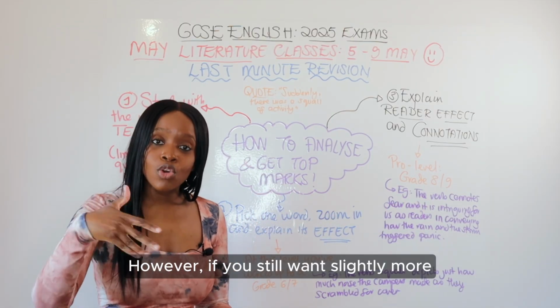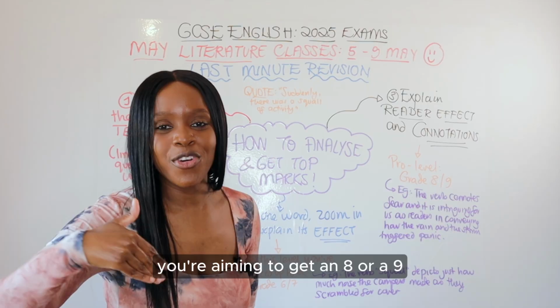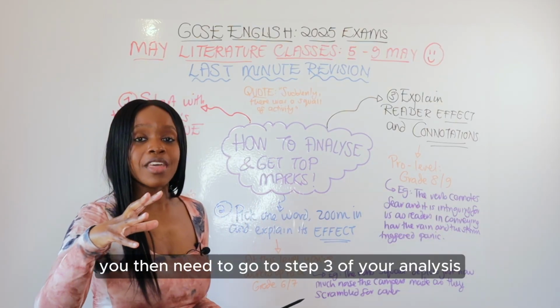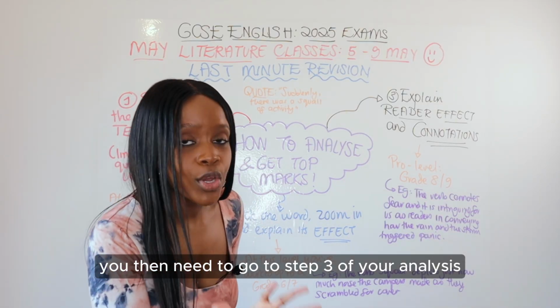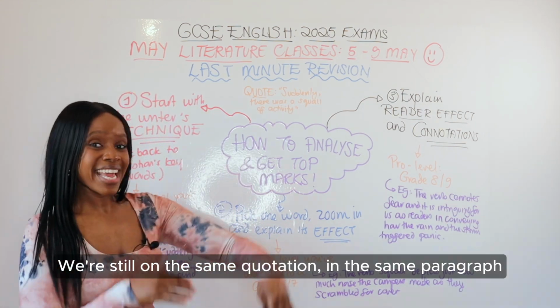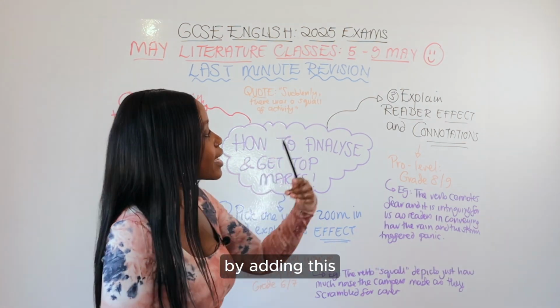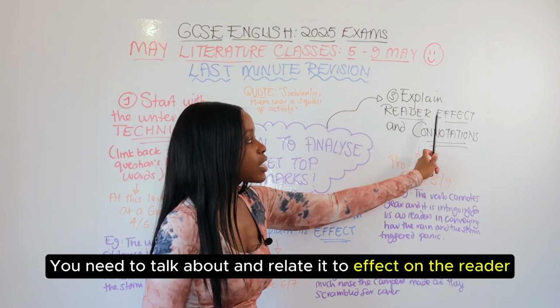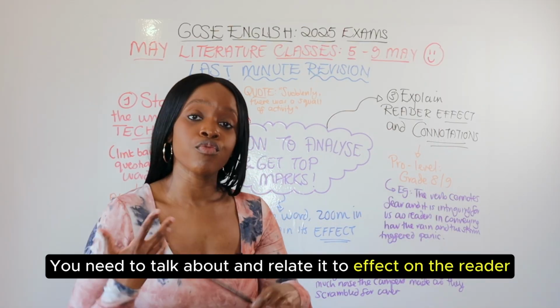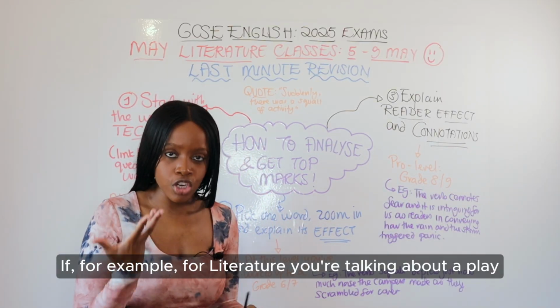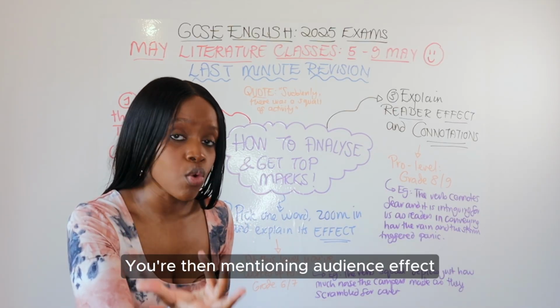However, if you still want slightly more, if you're aiming to get an 8 or a 9, you then need to go to step number 3 of your analysis. We're still on the same quotation in the same paragraph. You need to talk about and relate it to the effect on the reader. If, for example, for literature you're talking about a play, you're then mentioning audience effect.